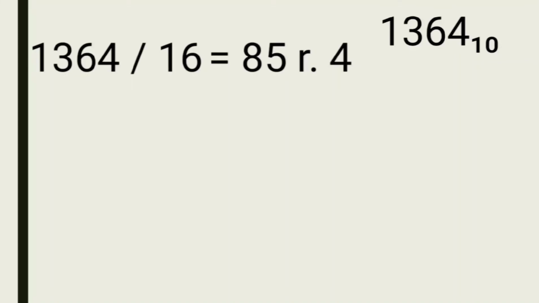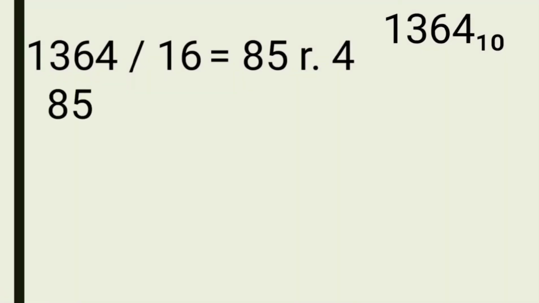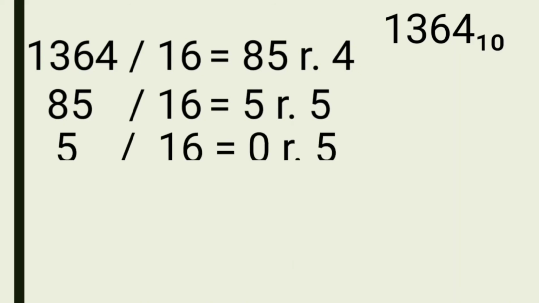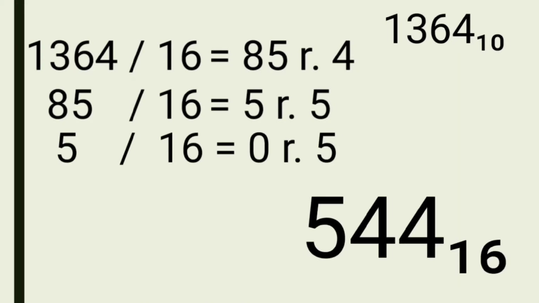Subtract 1360 from 1364 and we will get the remainder 4. Continue doing it all over again until the quotient reaches 0. Get the answer by reading the remainder upwards and write the base number of hexadecimal, which is 16. 1364 base 10 in decimal is 544 base 16 in hexadecimal.